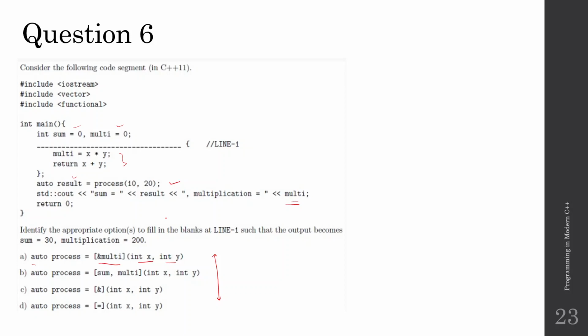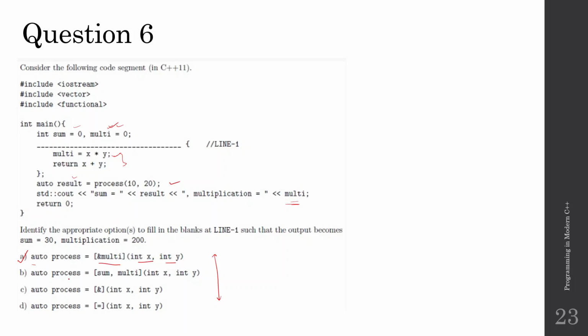So this is a reference to the multi variable. And now since it's a reference, you can modify it inside the lambda function, and you can return the sum also. So this will work.